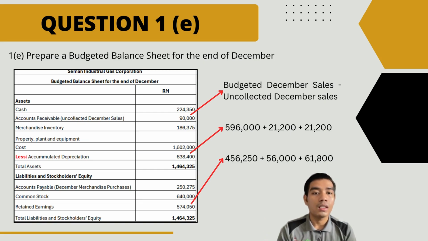And second is liabilities and stockholders' equity. The items are accounts payable, common stock, and retained earnings, and we can get the total amount, which is the total liabilities and stockholders' equity, 1464325. So total assets equal the total liabilities and stockholders' equity.